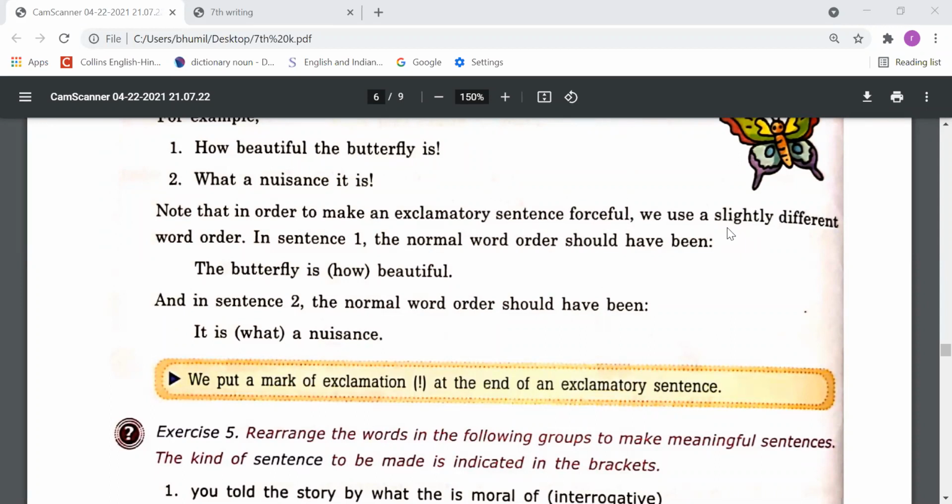And at the end of the sentence, we have to add the exclamation mark. That's written here. This is an important point. You should remember this: at the end of an exclamatory sentence, we always have to put the exclamation mark, right?